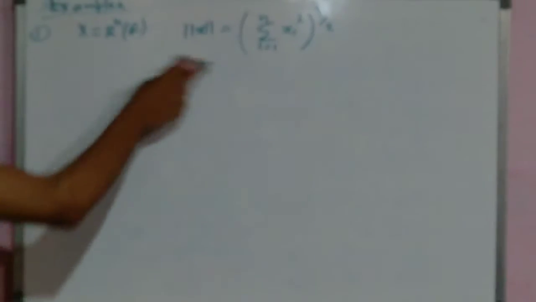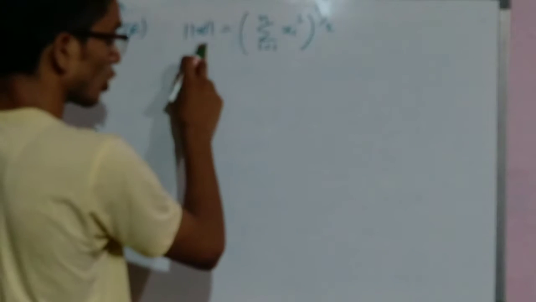it is a vector space over the field R. And for this we can define a norm of x equal to the summation i equal to 1 to n of xi squared, whole power 1 by 2. This is the norm for Rn.